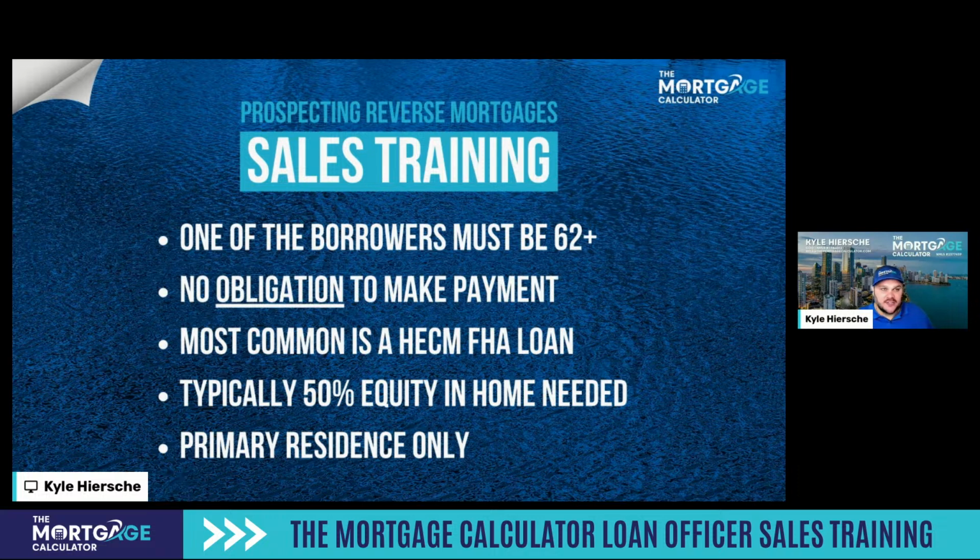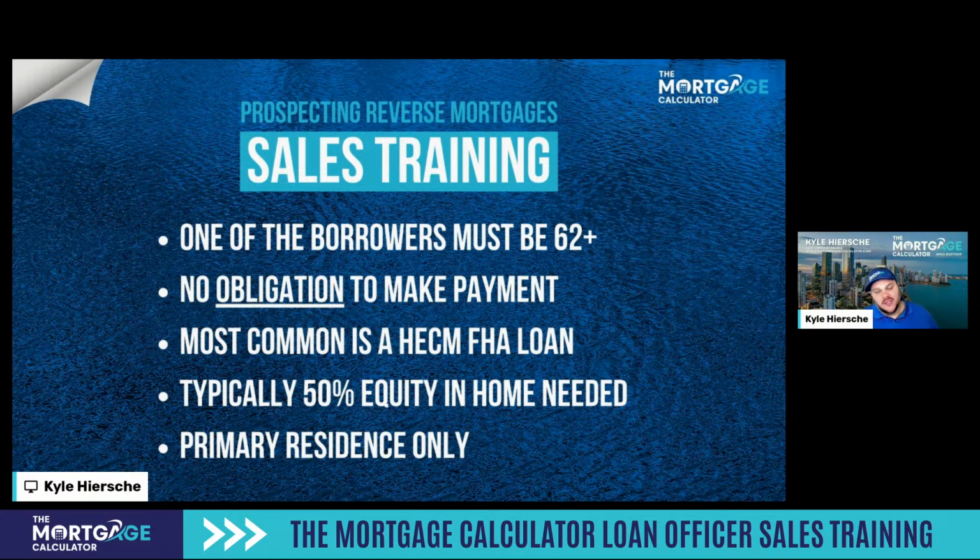They have to be 62 or older, and they have to have typically 50% or more equity in their home, 40, 50%, because obviously it's a negative amortization and there has to be room there for it to amortize negatively, right? They have to have the actual equity in order to forego making payments in the first place.